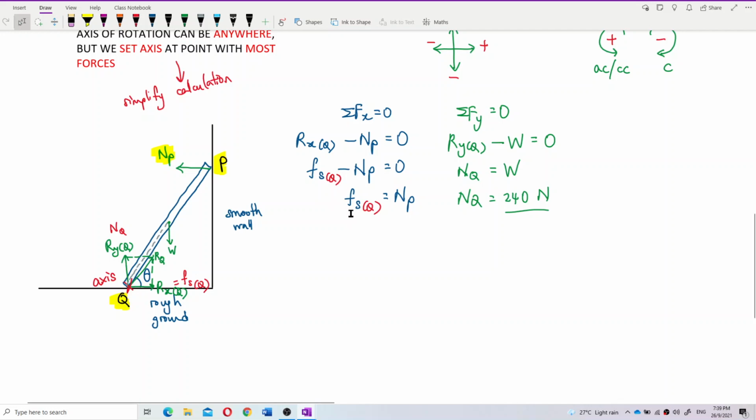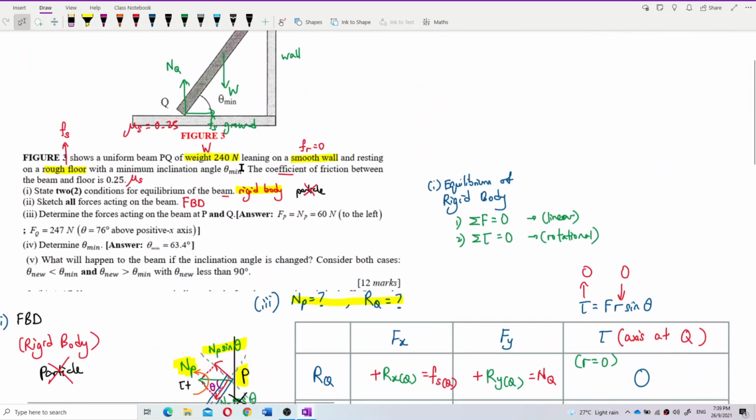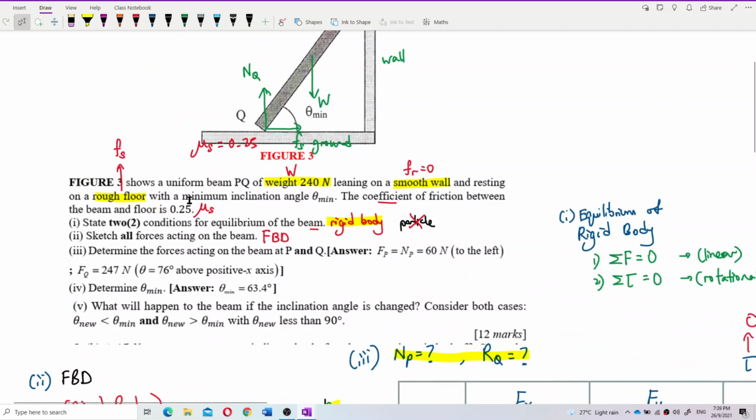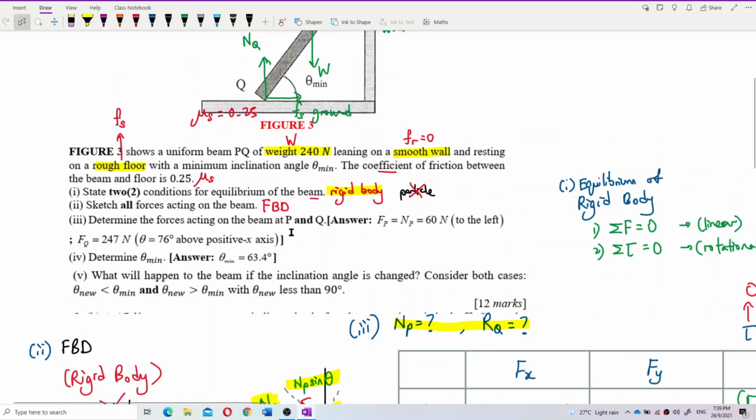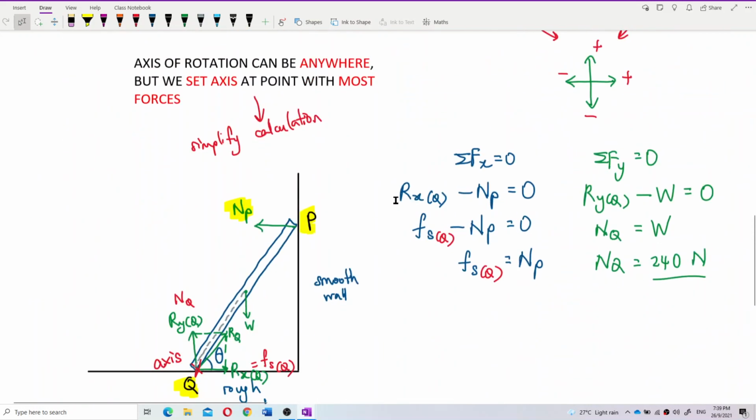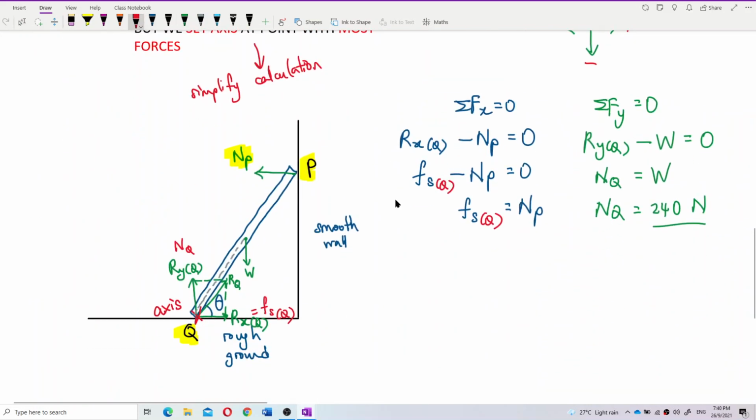This friction on Q, the question gives you the coefficient mu s between the beam and the floor. So we can use mu s N. So Fs equals mu s N. Which normal force do we use?